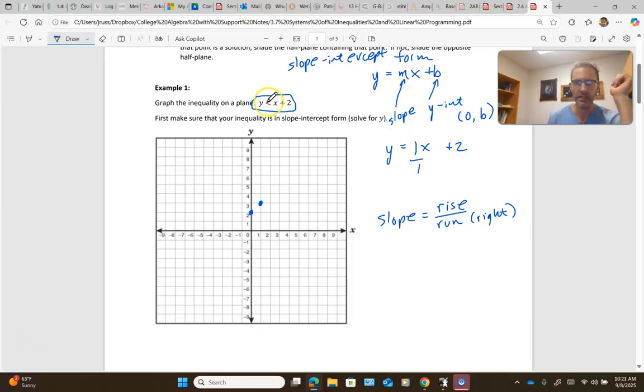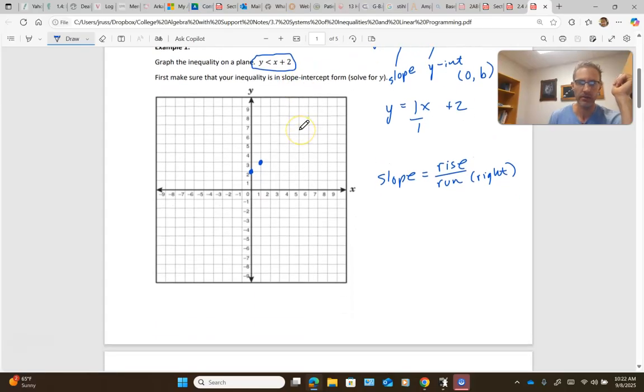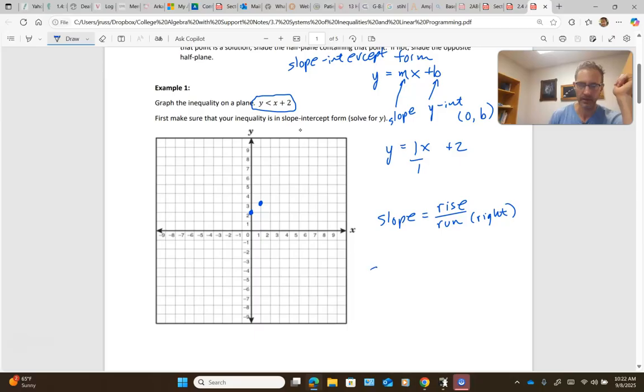If this is a strict inequality symbol, let me put this here in the notes. The strict inequality symbol is either strictly less than or greater than. But a non-strict inequality symbol has the inequality component, so less than or equal to, greater than or equal to. So if it's a strict inequality, you get a dashed line.